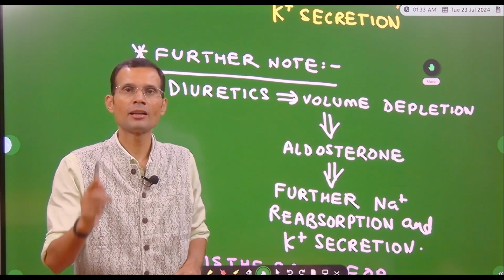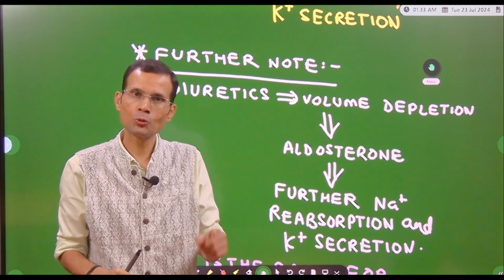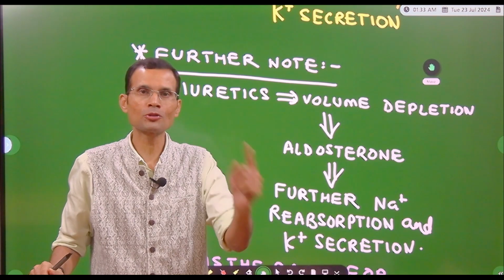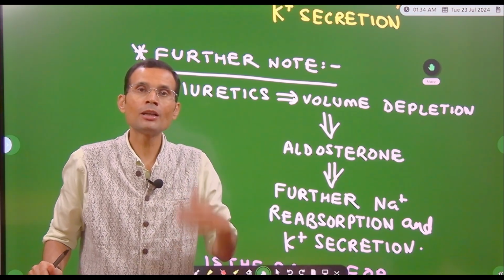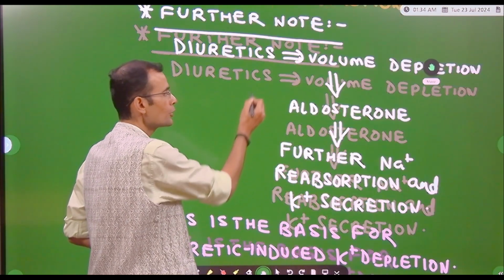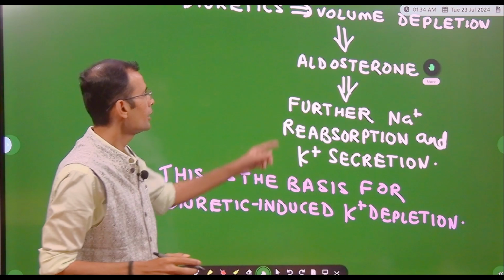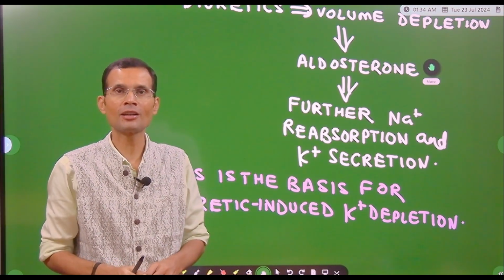You already know the renin-angiotensin-aldosterone system, RAAS. So a diuretic causing loss of water, causing volume depletion of the plasma, will cause aldosterone to come into action. If aldosterone comes into action, what is the job of aldosterone? It further increases the sodium reabsorption from the collecting duct.